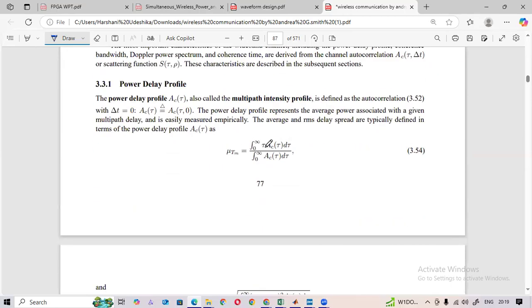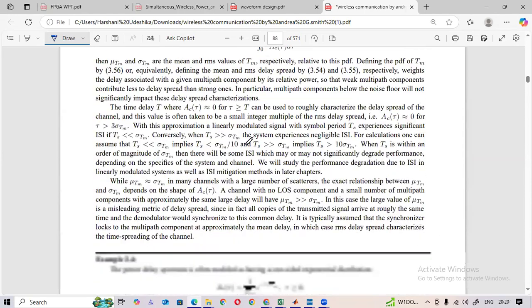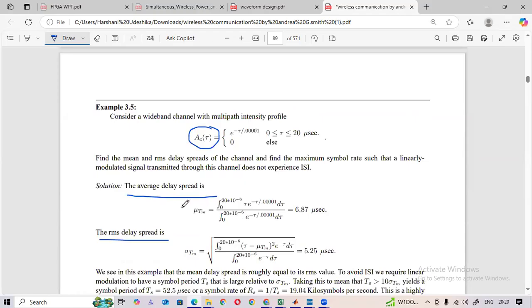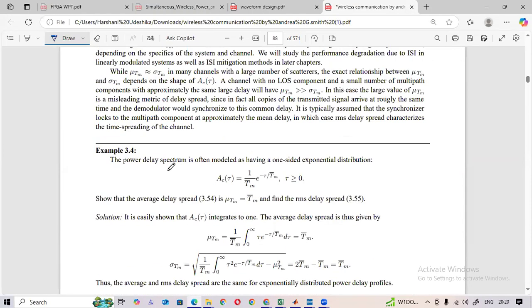So this is the power delay profile, okay? This is the power delay profile, okay? So using this integration, you will be given a specific power delay profile like this, okay, like this, and you will be asked to find the average delay and RMS delay, okay?